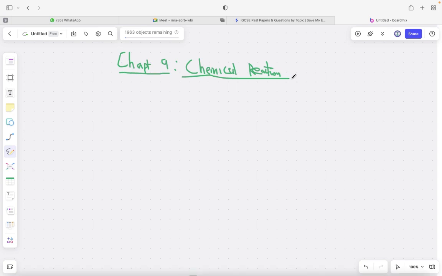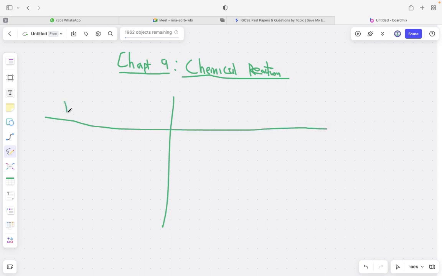When I'm burning a match, is it a physical change or a chemical change? We can draw a table and identify what is chemical change and physical change.